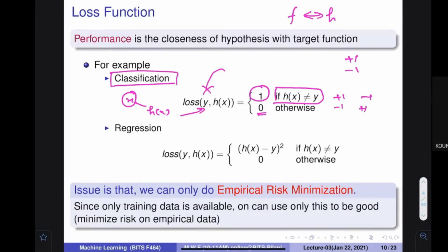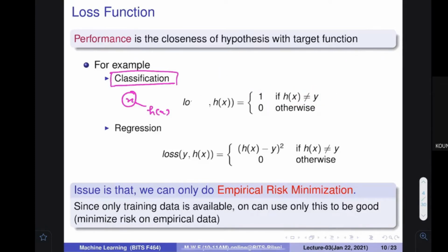Essentially, let me quickly explain this so you understand. A database is given to you on which you want to develop the model. What you do is separate out some of the parts.